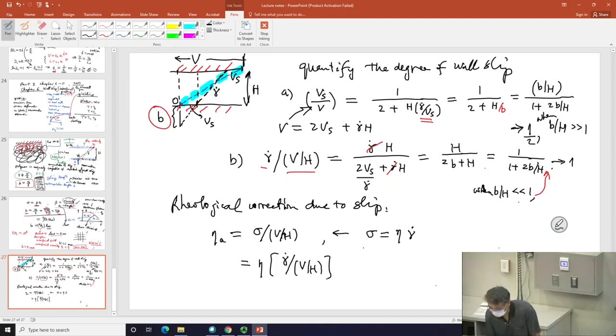Remember, all this discussion right now is done in the limit of steady state, meaning no transient. Startup has already finished all the transient behavior and reached steady state.